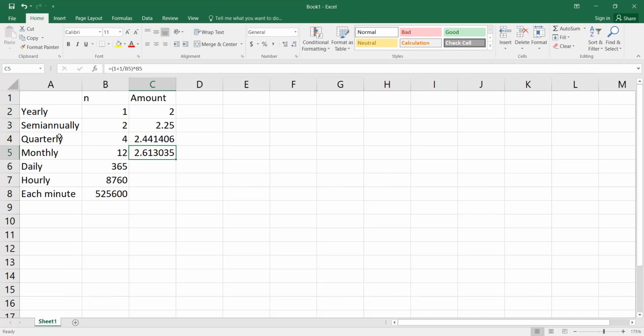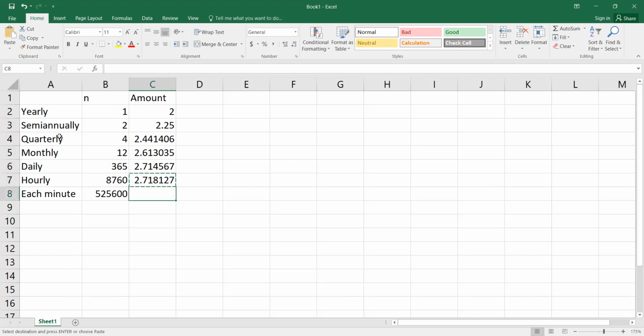Monthly, that's going to be $2.61 approximately. So that number keeps growing, but it tends toward a number that I'll tell you what it is. So that's $2.71. If we increase it hourly, it's not increasing by a lot.